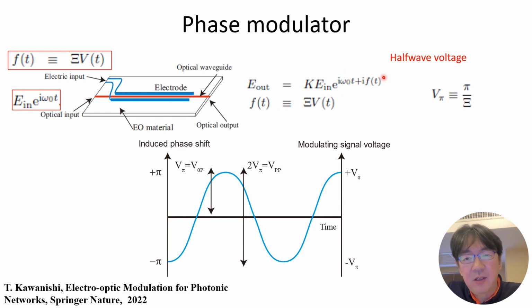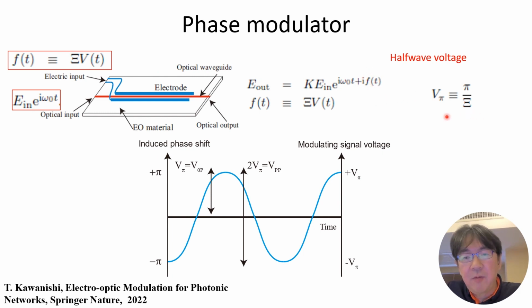We can get the phase shift proportional to the input signal. And here's a coefficient which bridges between the actual voltage of the electric input and the induced optical phase.